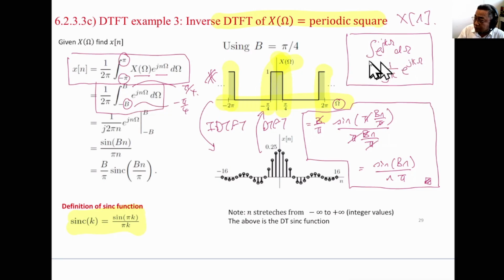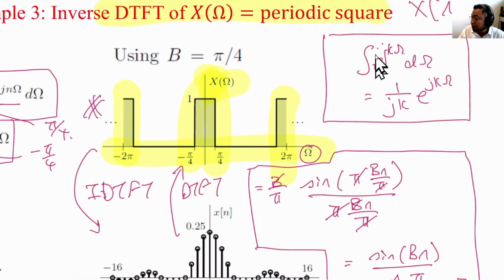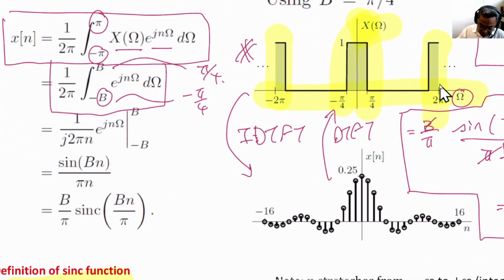If you look at your calculus tables, to integrate e^(jk omega) d omega, you basically treat jk as the constant, and you bring 1 over jk down, e^(jk omega), and that's what we did. So we bring jn down, it is 1 over jn times 2 pi, which was the original constant, and the limits of the integration are from minus b to b, and therefore now we can substitute in here.